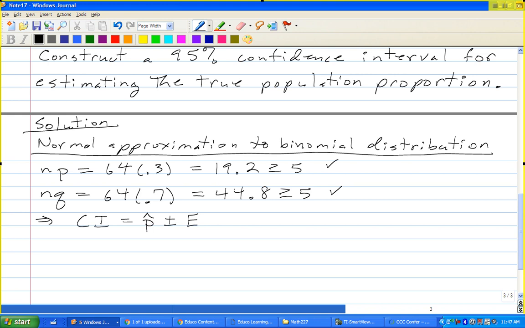I couldn't even tell that this is the form until I showed that the approximation worked, because actually this formula is wrong if this doesn't work.